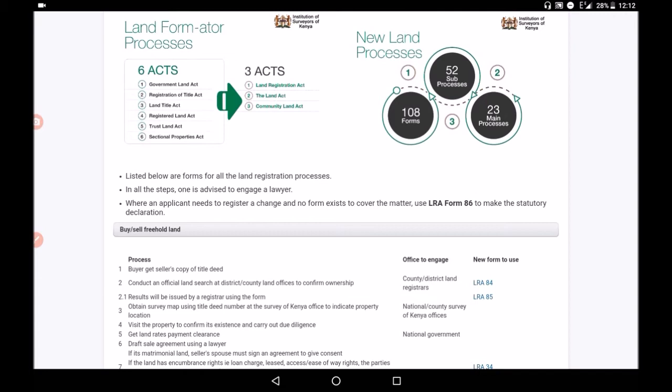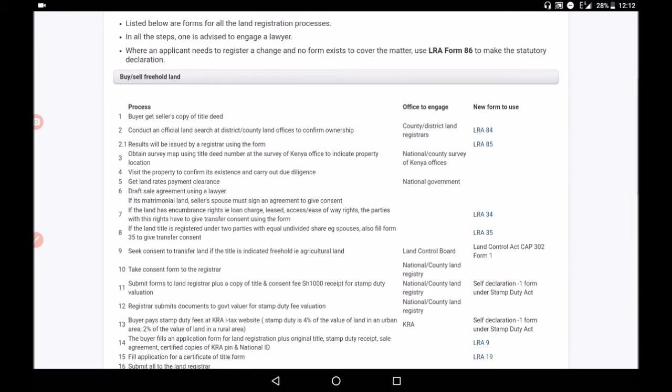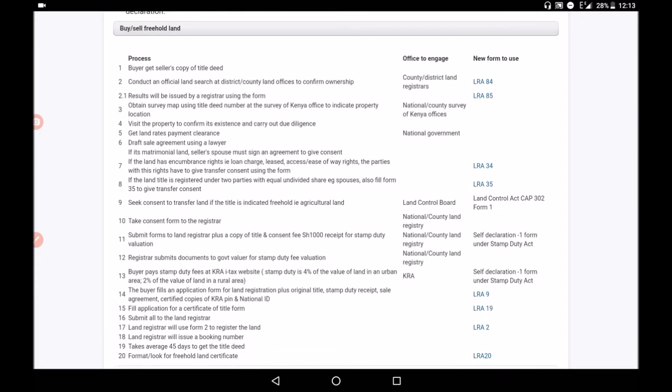If you follow these processes, you will be able to own your land and transfer your land from one seller to the other. Today we want to look at how we buy and sell freehold land. If the land is freehold, that means the owner has full rights over the land.